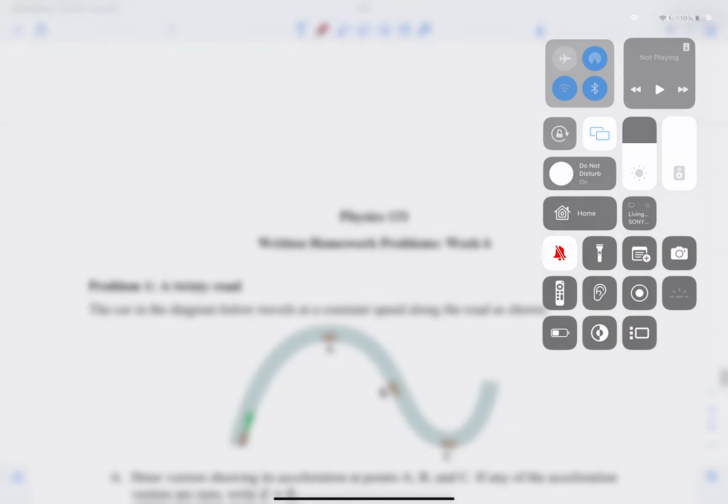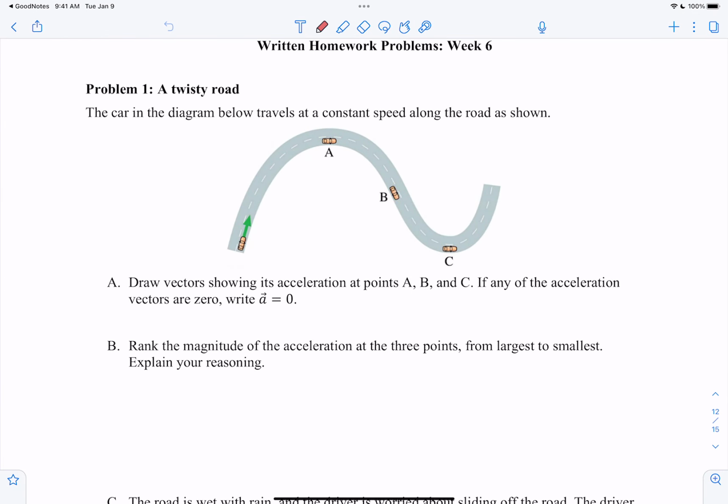Let me actually hit do not disturb first so we don't get any notifications. All right, so vectors for A, B, and C, oh, it looks like it's blurry. Okay, one sec. Let me reshare that. Sorry about that.